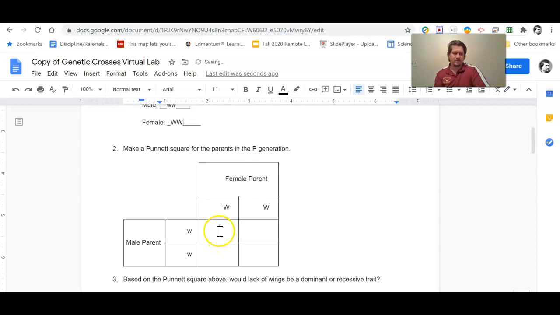And then you would fill in the Punnett square accordingly, taking the female parent's capital W all the way down. For allele 1, allele 2, same thing. And the male parent, recessive.